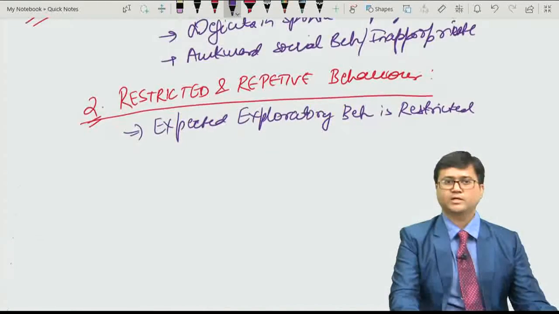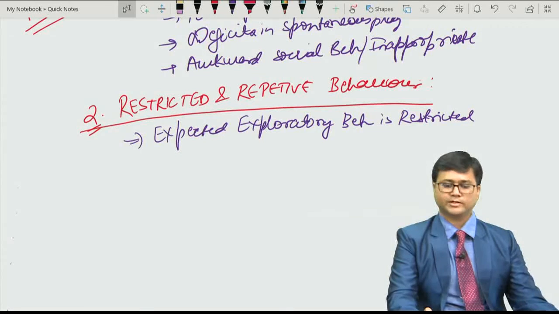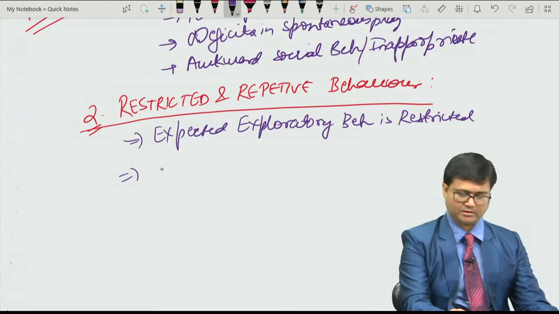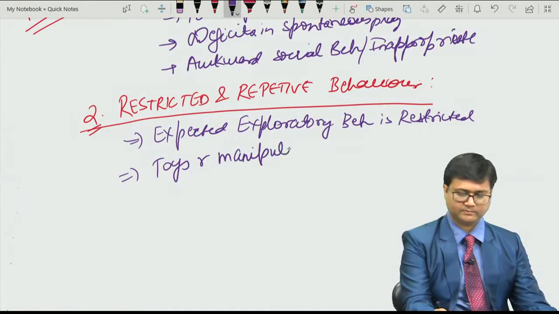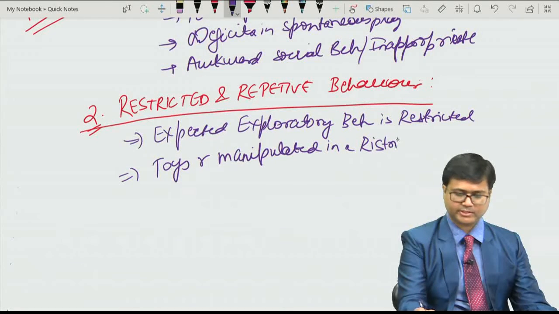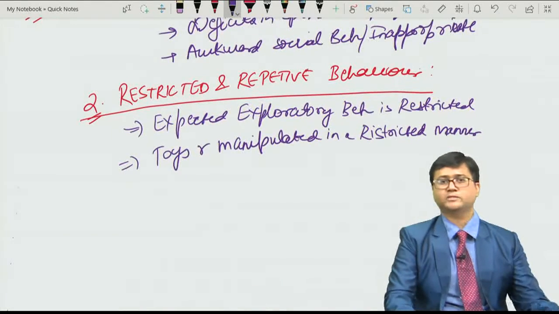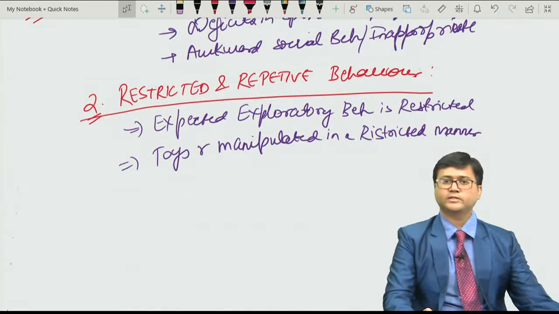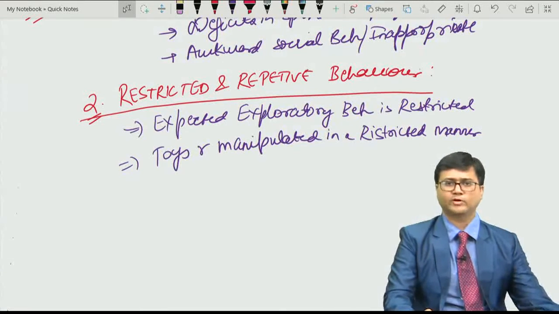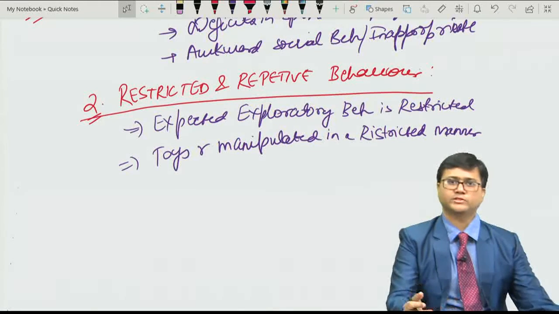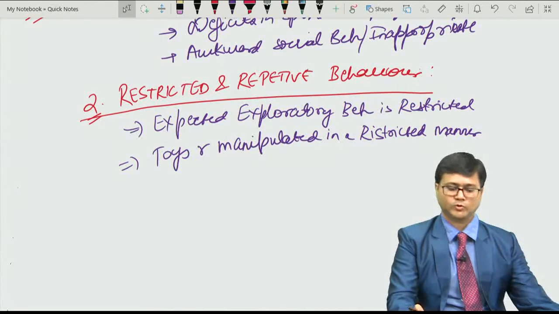As with other peers, the expected exploratory behavior is restricted in the child. Toys are manipulated in a restricted manner, so the toys will not be played with as normal toys. For example, if a child is given a car, he would not play as normal children will, but probably just play with one of the specific parts of the toy, for example the wheels. So there will be a restrictive manner of play with the toys.